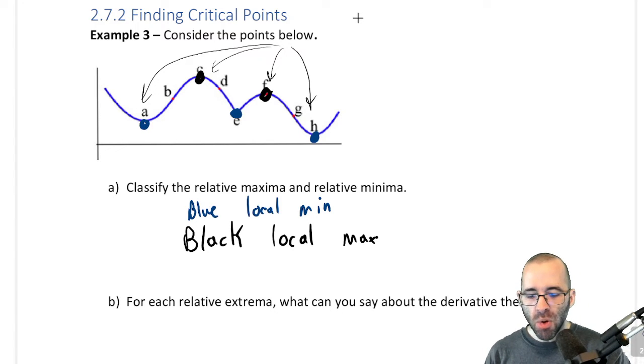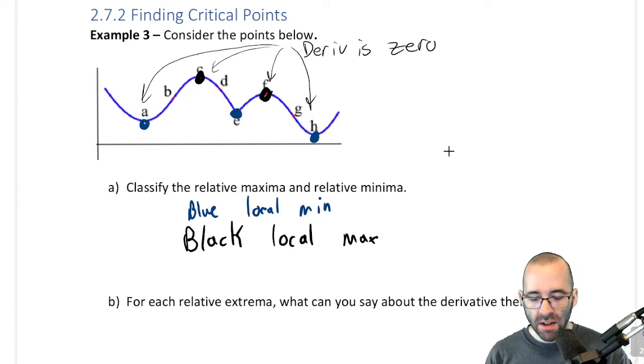Notice that these 4 points all have horizontal tangent lines, right? Every one of these points is a horizontal tangent line. The derivative is 0 at these 4 points.